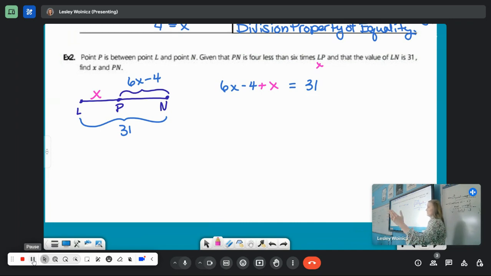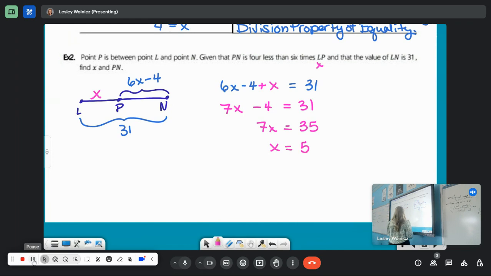Okay, so how many total x's do I have? 7. So when you were in algebra, we just called that combining like terms. Now we know that that is a substitution property. Okay, now what? Okay, so I get 7x equals 35, so x has to be 5. Am I done? What do I still have to find? PN. Okay, that's this bit.